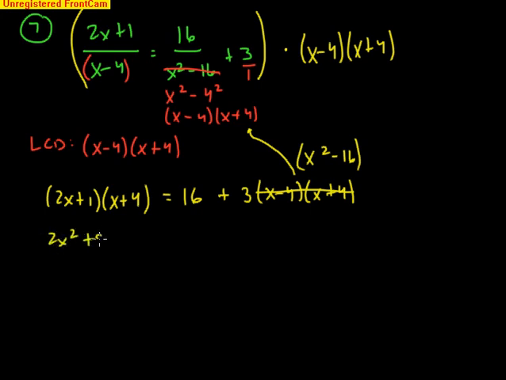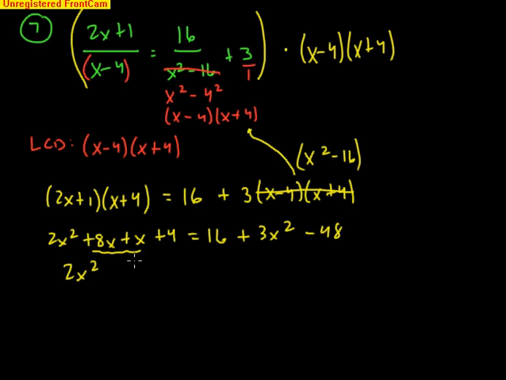Well, over here we'll FOIL: 2x² + 8x + x + 4. That's your basic FOIL. Equals 16. And now over here, we have a 3 being distributed to the x², so plus 3x², and a 3 being distributed to the negative 16, that's minus 48.